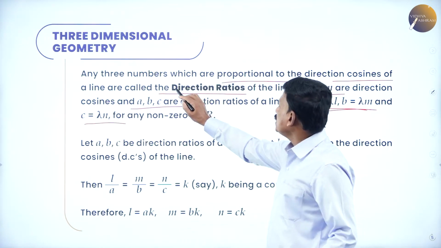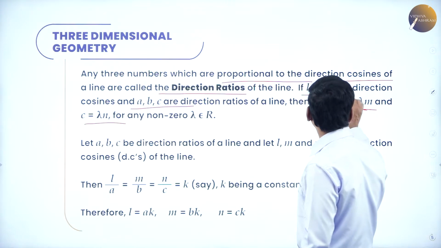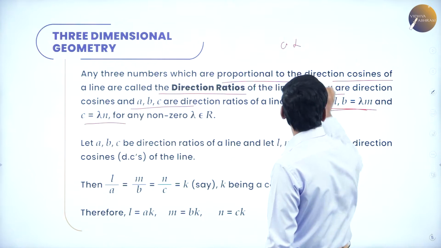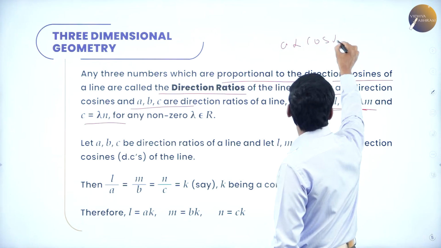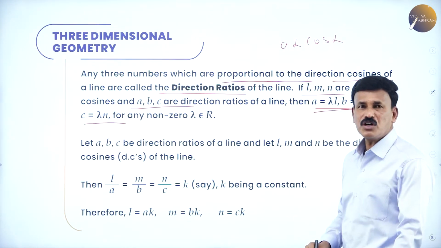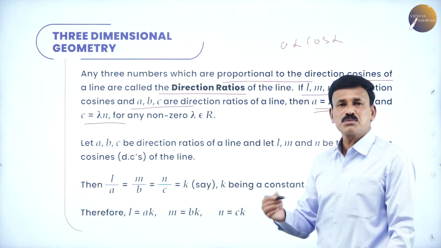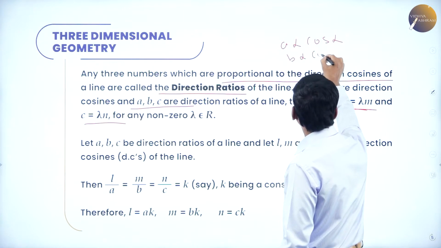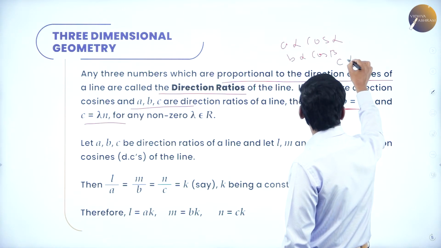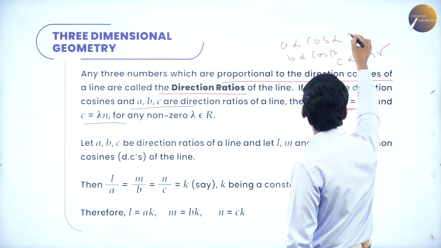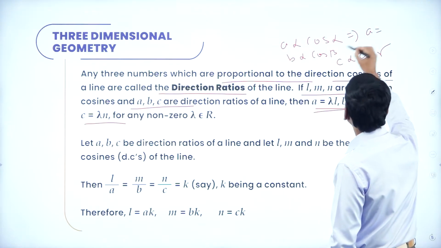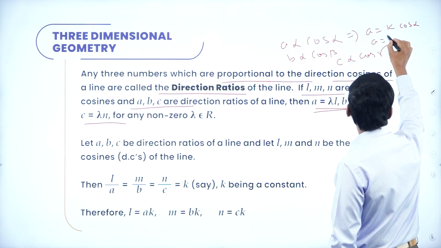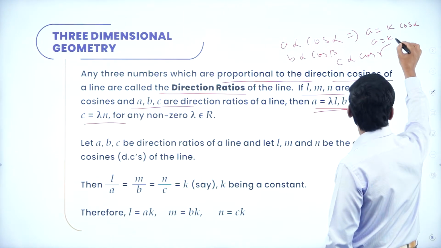That is, any three numbers which are proportional to the direction cosines: a is proportional to cos alpha, b is proportional to cos beta, and c is proportional to cos gamma. This implies a is equal to a constant into cos alpha, which can be written as k into cos alpha.